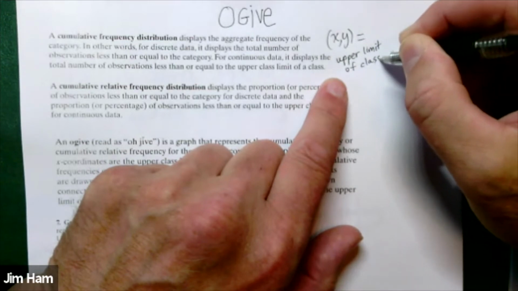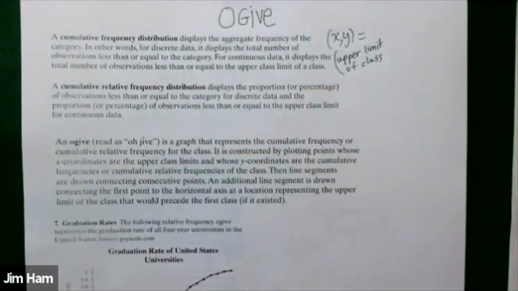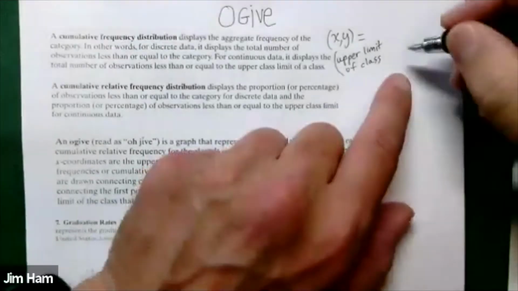So each one of the rows in our cumulative frequency distribution will have classes identified, and for each row, identify the upper limit of each class. That turns out to be the x-coordinate.